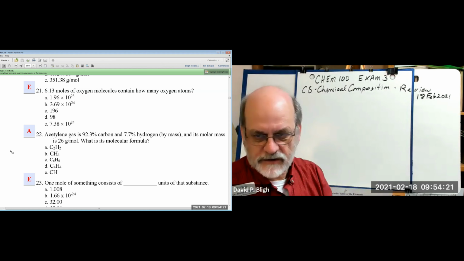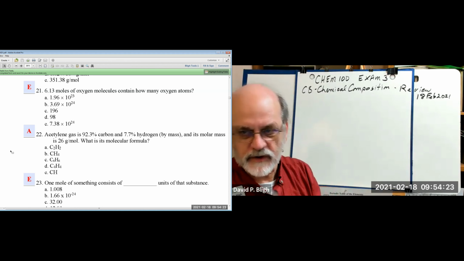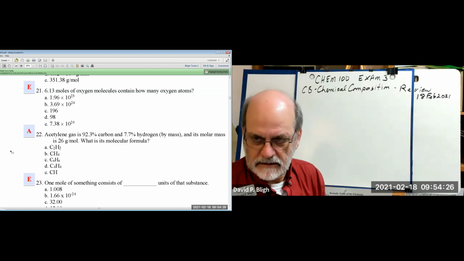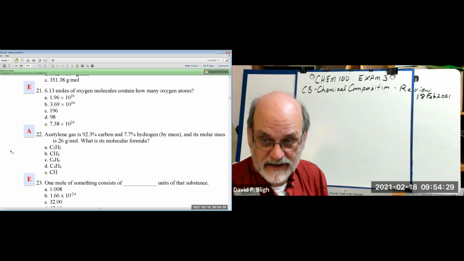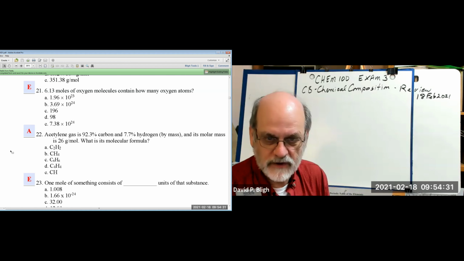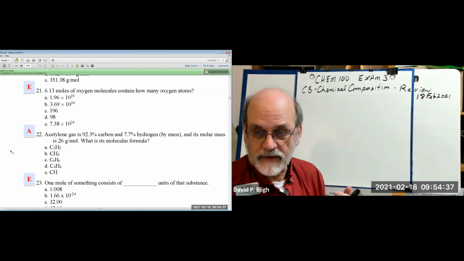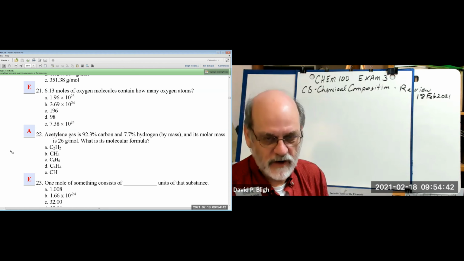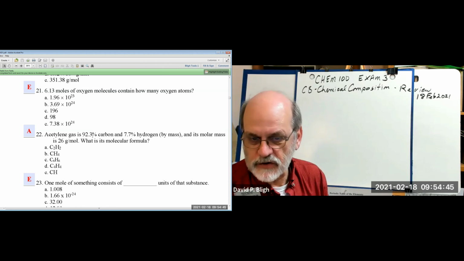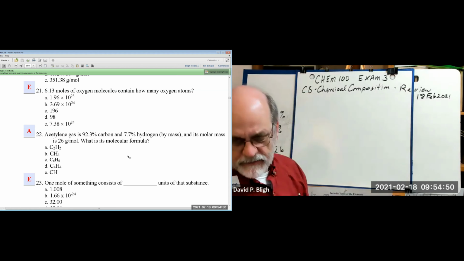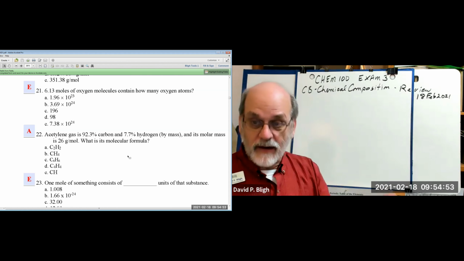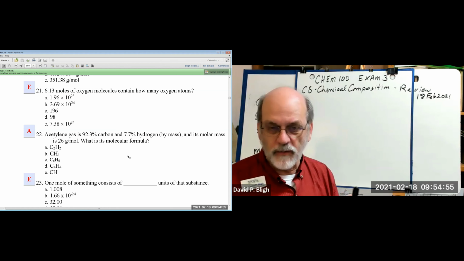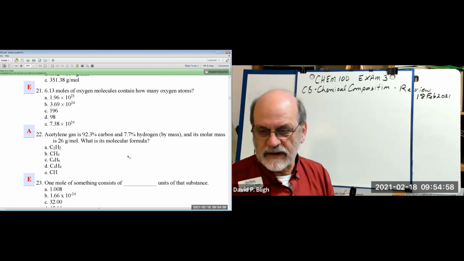Right, like all of these percent by mass problems where you have to find the formula, you've got to find a way to get the percent into a mass. What does it represent in mass? Because you can't convert it to moles, and the formula is always a mole ratio of elements. It's not a mass ratio. So we couldn't ratio these two together and find the formula. It doesn't work that way. In fact, that was what was given chemists in Europe in the middle of the 19th century.